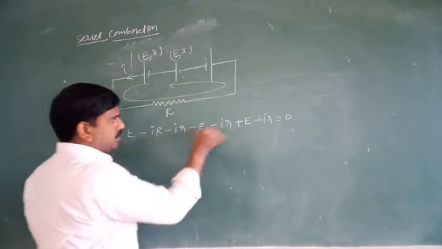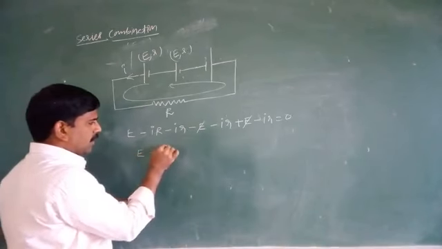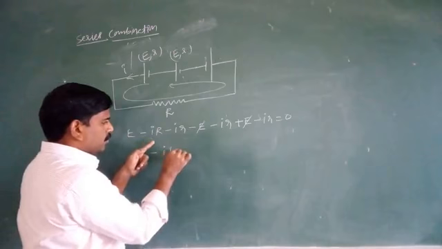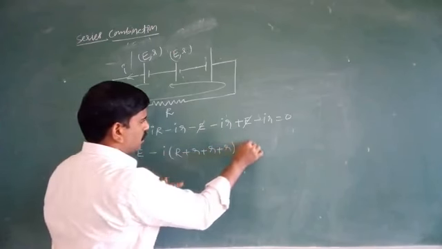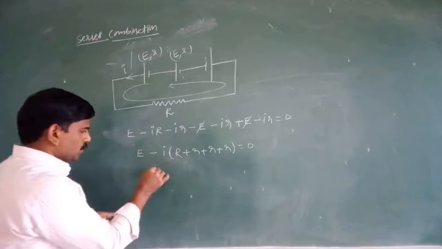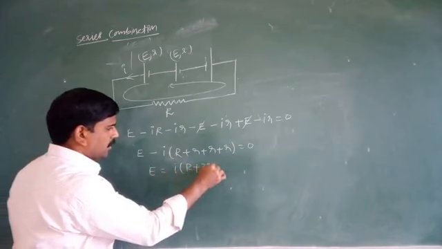Right now, these two E cancel. So E minus I into (R plus r plus r plus r) is equal to 0. Therefore E is equal to I into (R plus 3r).